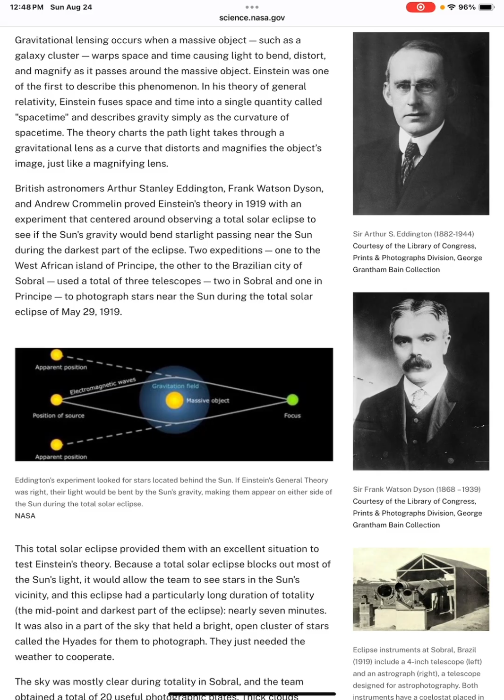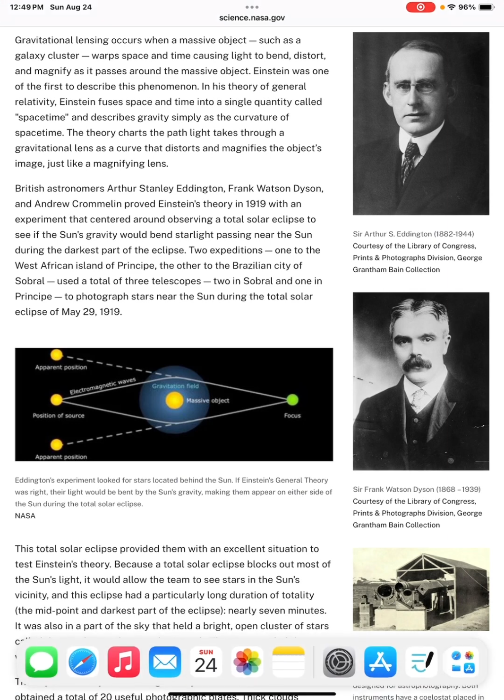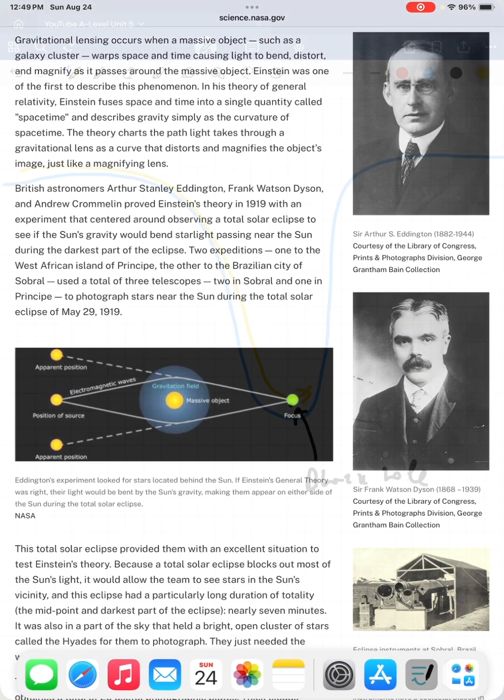So, as you can see here in the picture, the apparent position is in the straight line between where the star appears to be and the focus, right, your telescope. And there are 2 apparent positions for the same star, right, because the star is actually a little bit behind and the light that comes from that star bends because of the gravitational field of the sun. Okay, so this actually proved Einstein's theory.